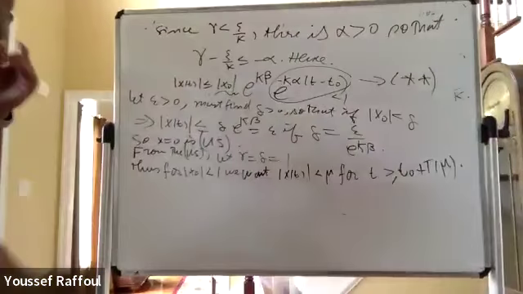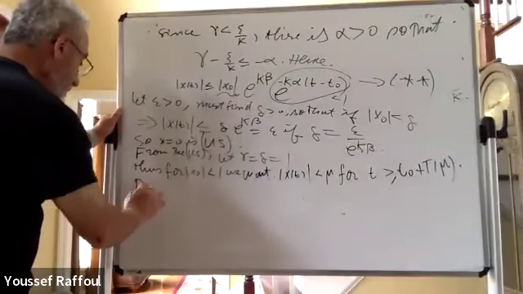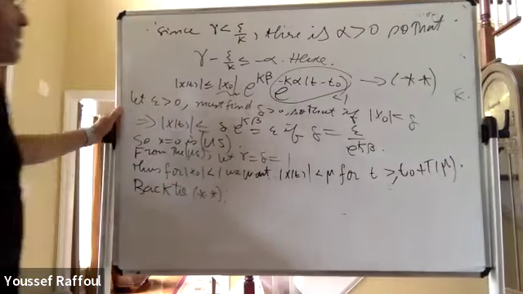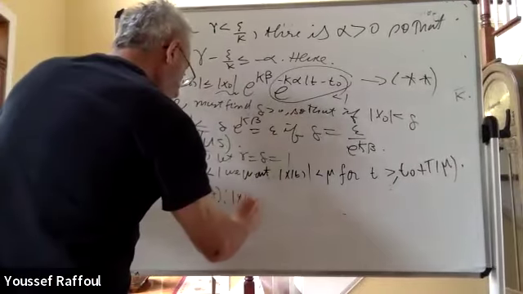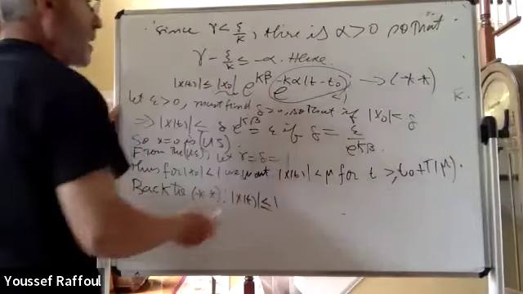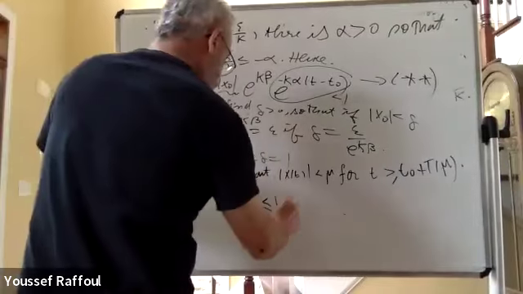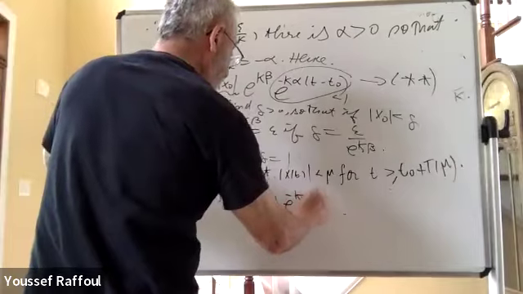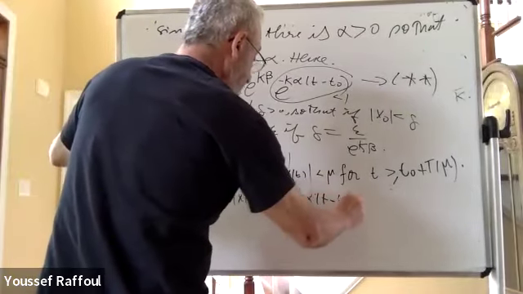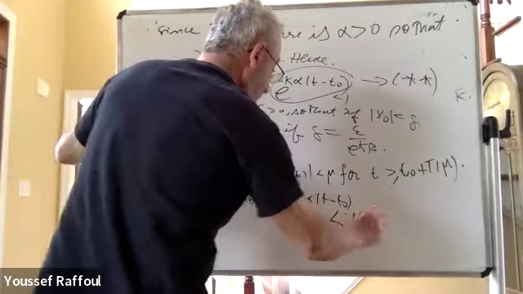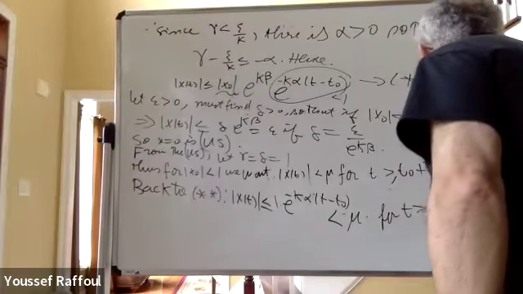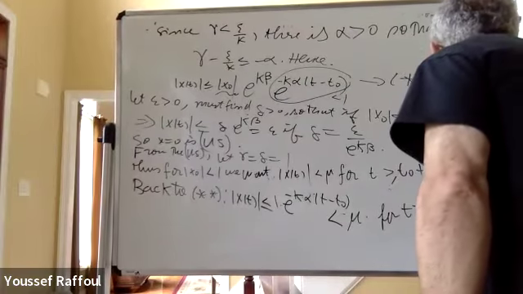Okay? So let's go back to double star. So we have x of t less or equal to 1 times e to the minus k alpha times t minus t naught. We want this less than mu for t bigger or equal to t naught plus t mu.